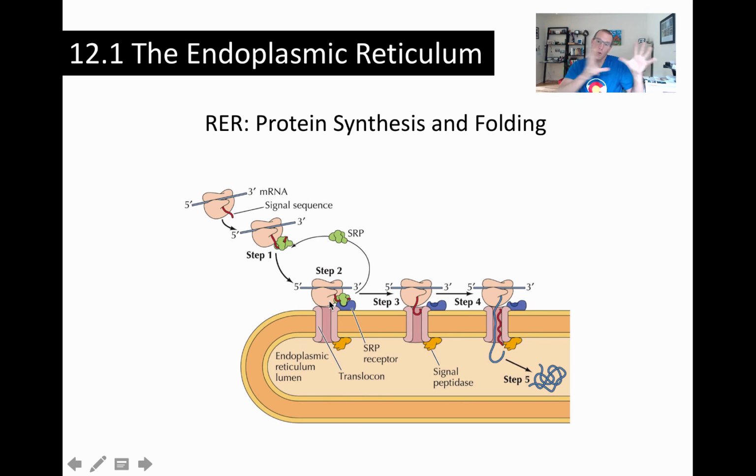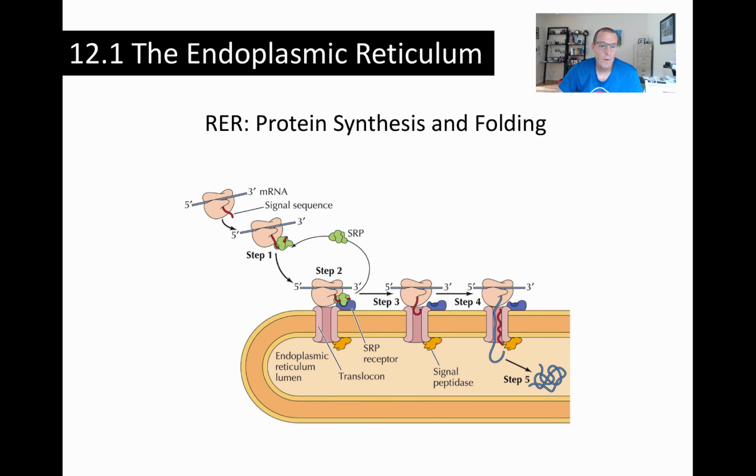So translation starts in the cytoplasm, and the rest of it occurs on the surface, and so there's a translocation event, and so ribosomes, remember, they're diffusing around in the cell, and if the SRP interacts with the SRP receptor, the ribosome is then docked onto the surface of the ER. So it's not that you have these ribosomes on the surface of the ER and the mRNA comes to the ribosome. You always start translation in the cytoplasm.